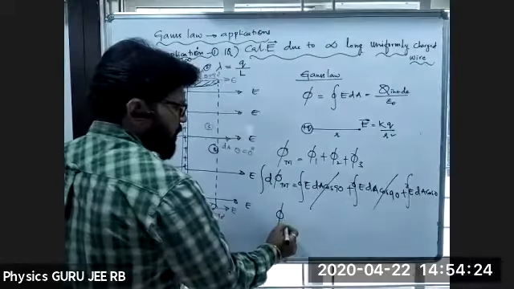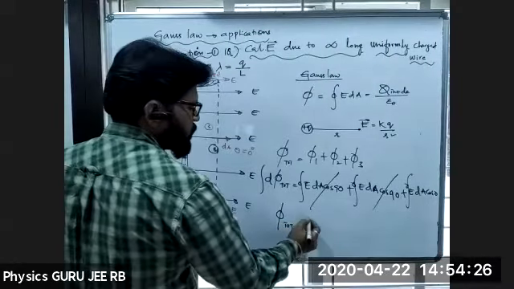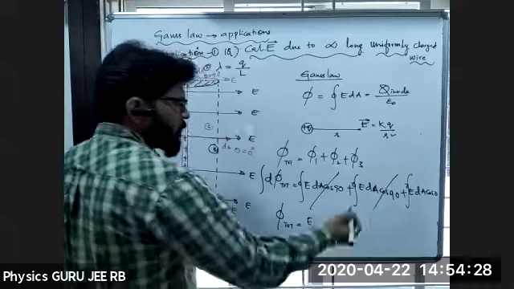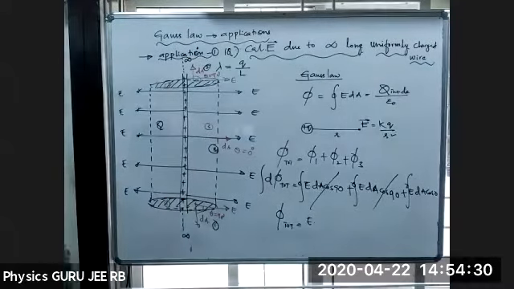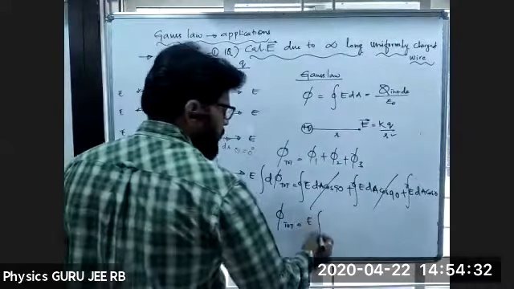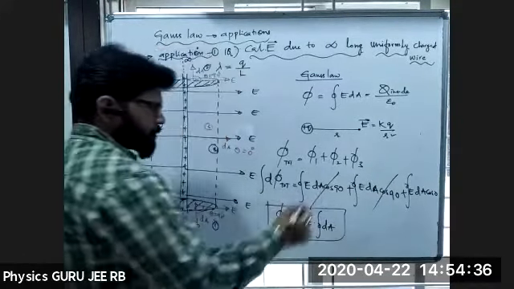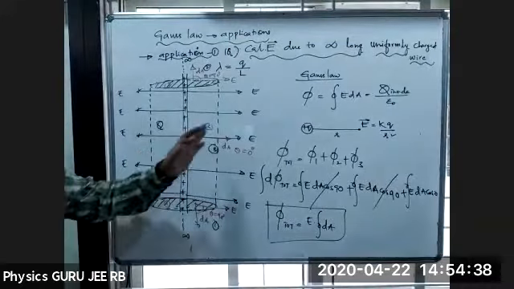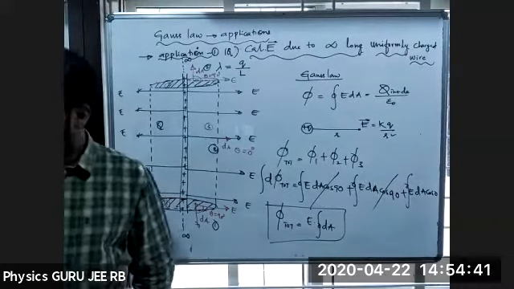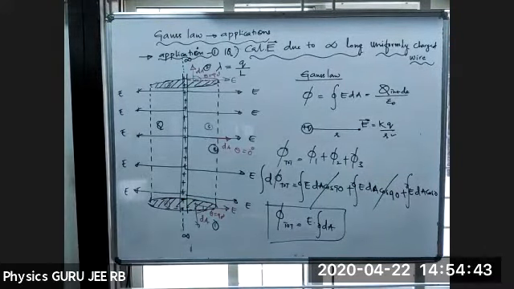Now the total flux can be written as E times the closed integral of dA. This we got only due to the third surface. Just check it out. If you have any problem till that point, let me know. Then we'll proceed. Take a screenshot.